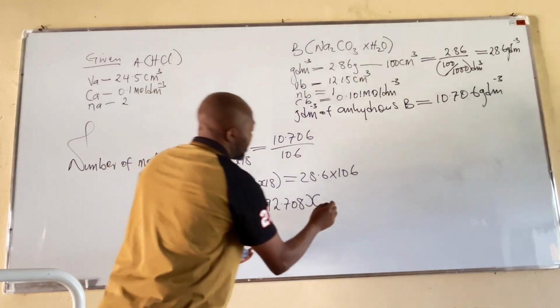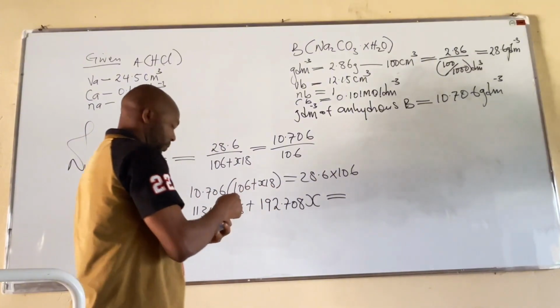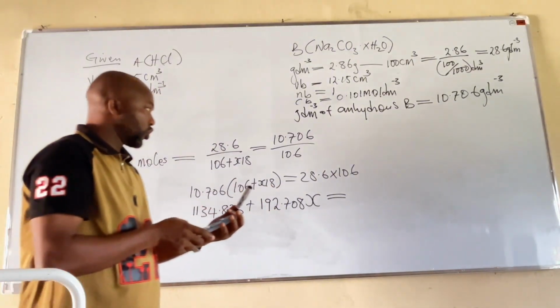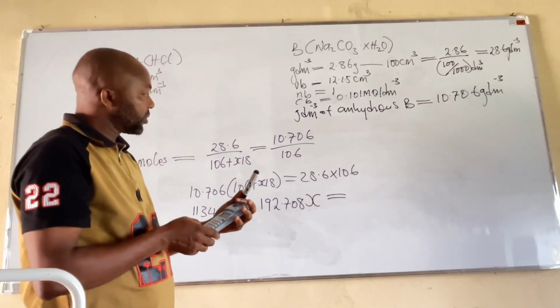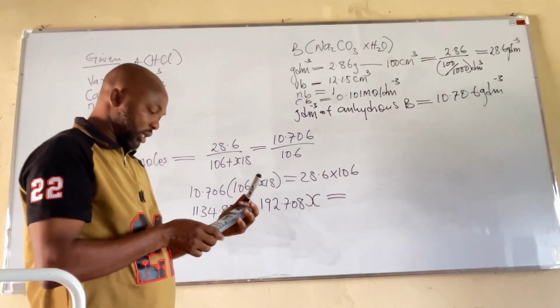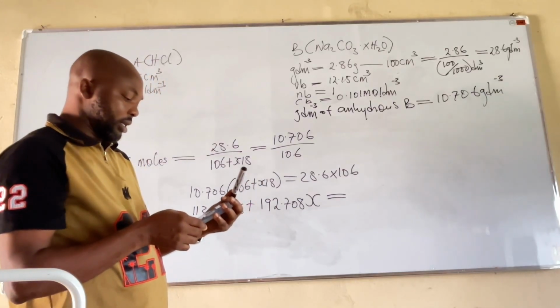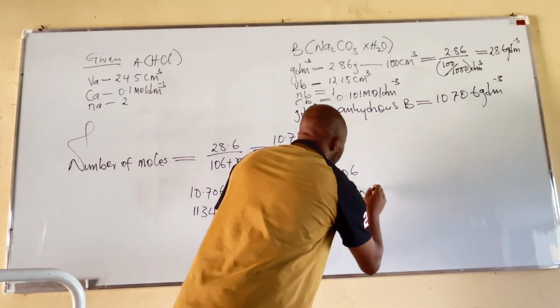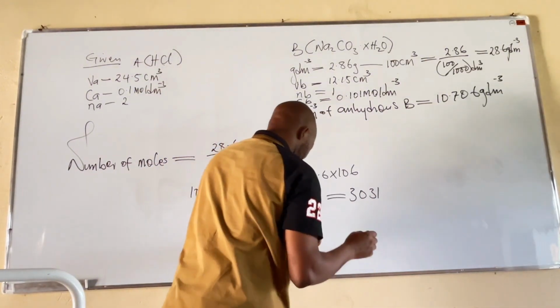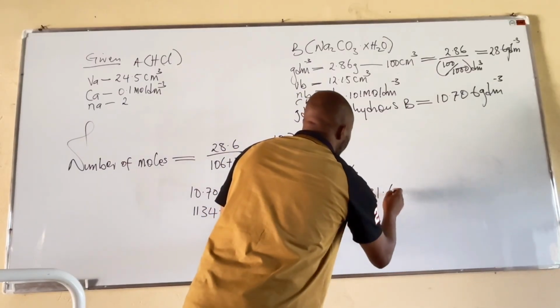Remember there's X there. This equals 28.6 times 106, which is 3031.6.